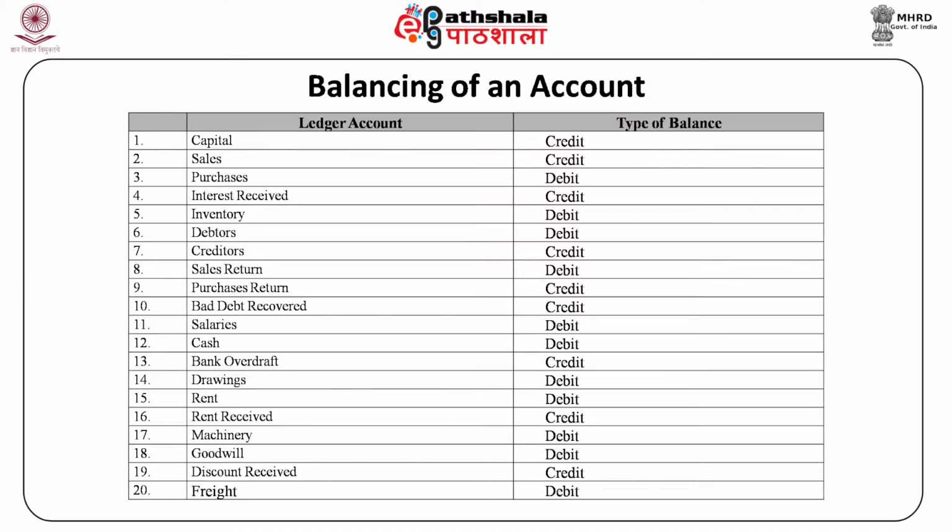Answer. It is in 3 columns. Important are the ledger account and the type of balance.